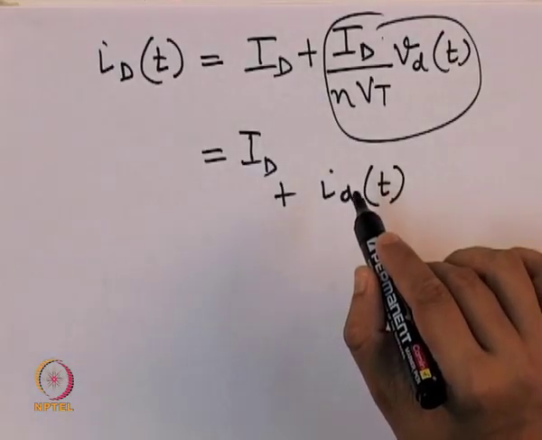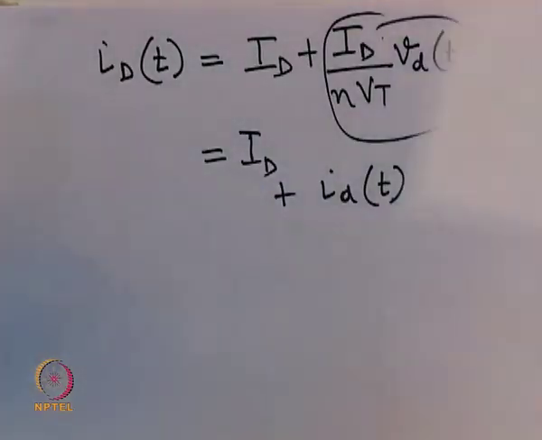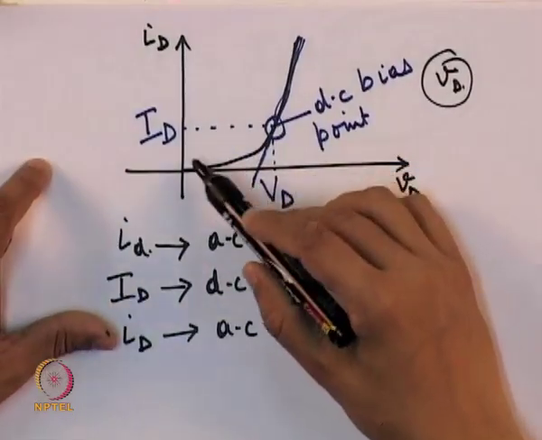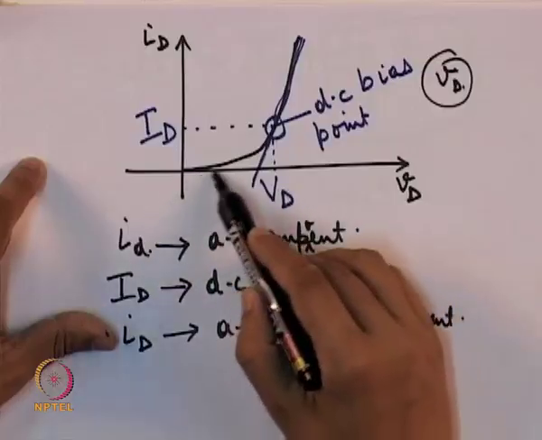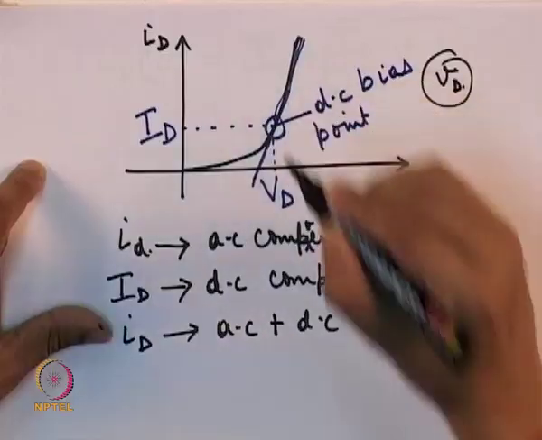So, what I have effectively done here is that, fundamentally the diode characteristic is non-linear, isn't it? The I d versus V d, as you can see, is a curve. But about this point I have linearized it.